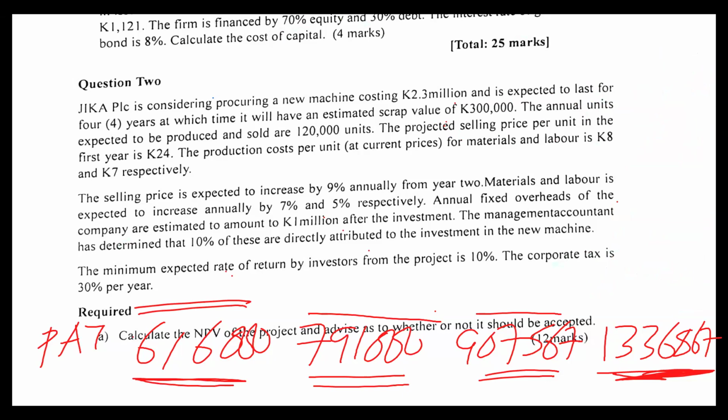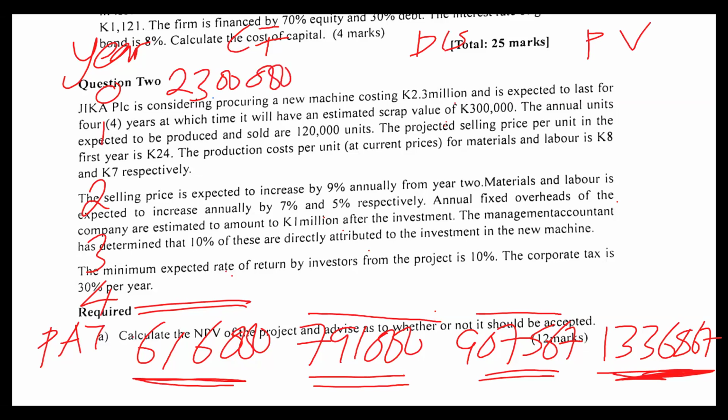Okay. Now we have the year and the cash flow; we discount this to get the present value. So we'll have year 0, year 1, year 2, year 3, and year 4. In year 0, the year of investment, we are investing 2.3 million.